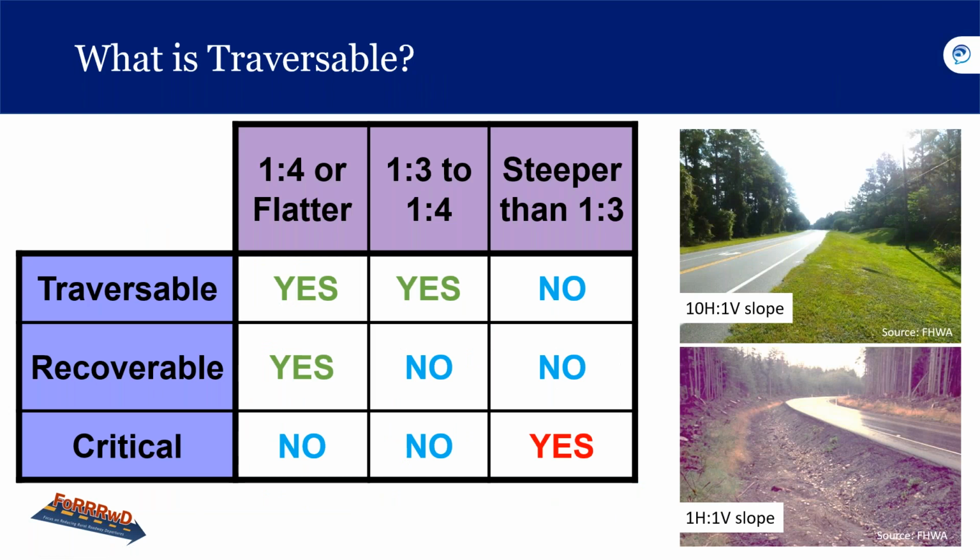And then we talked about what is traversable. We have this table here to talk about. Roadside slopes that are 3-to-1 or flatter are considered traversable. This means that in most cases, an errant vehicle can cross over these slopes without rolling over.